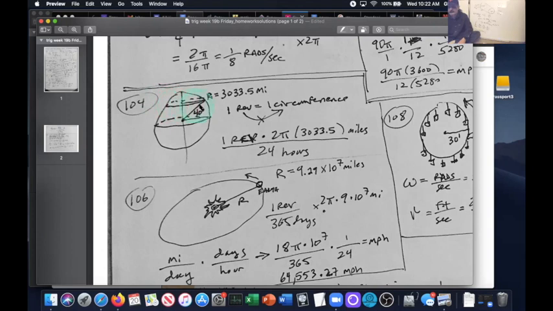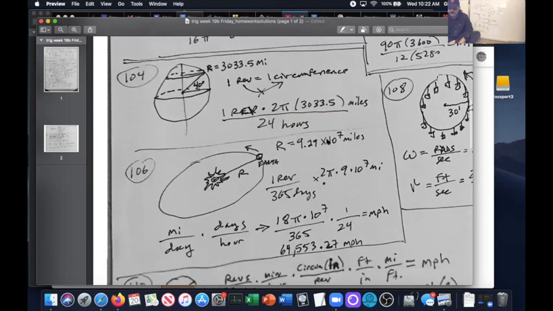But anyway, in the Northern Hemisphere, you have a smaller circle that you're revolving around, so the interaction with the sun is a little different the further north you go. We just find the distance around that circle. That's every 24 hours, and so you can just convert this to miles per hour that quickly.